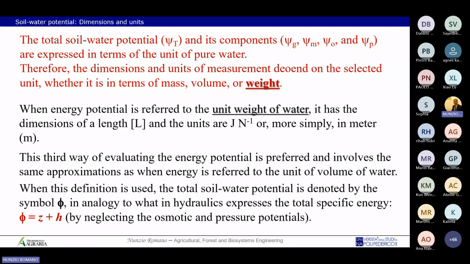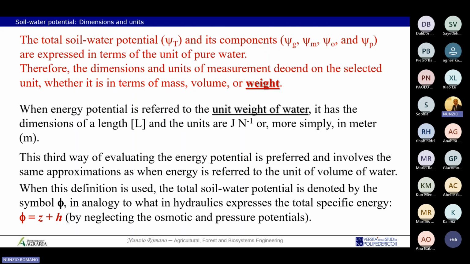And by neglecting the osmotic and the pressure potential, the total potential phi is equal to the sum of the gravitational potential. What is the gravitational potential? It is the elevation, Z. Z is the elevation with respect to the reference.